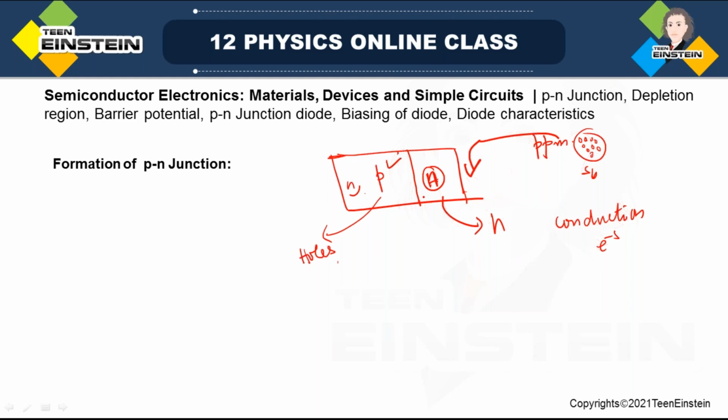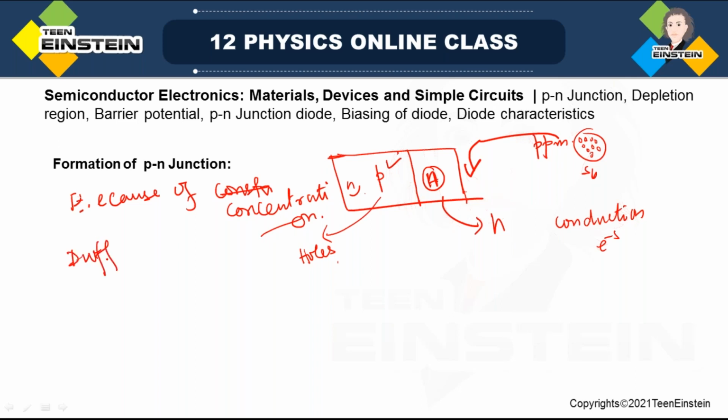Now, because of the concentration gradient, diffusion of charge carriers will happen.